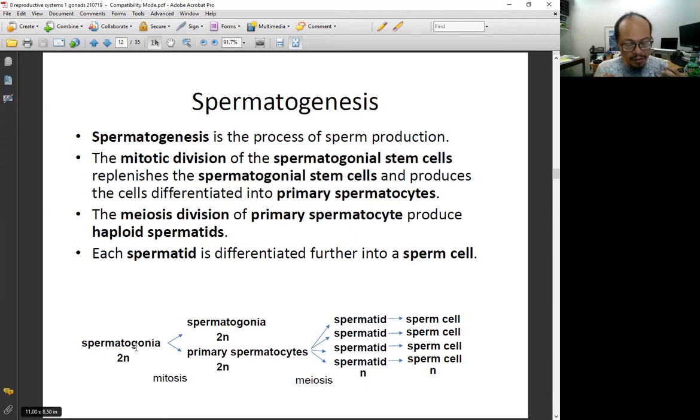Of these two daughter cells, one will replenish the spermatogonia. The other one will be the one to pursue its destination to be differentiated and to conduct the meiosis to produce the sperm cell. So that's that.